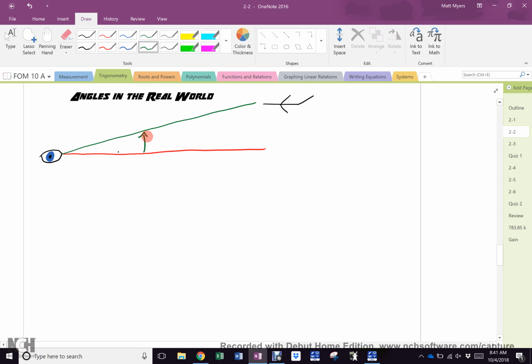This is what we call an angle of inclination, or an angle of elevation, because we are raising our eyes upwards. Does everybody understand that? Yeah?